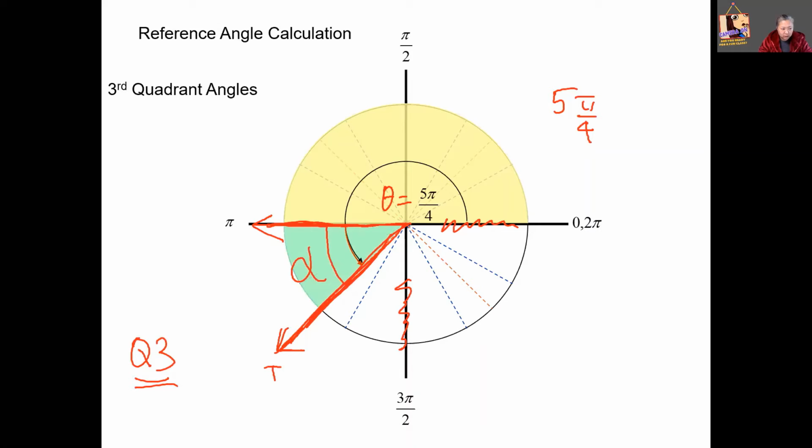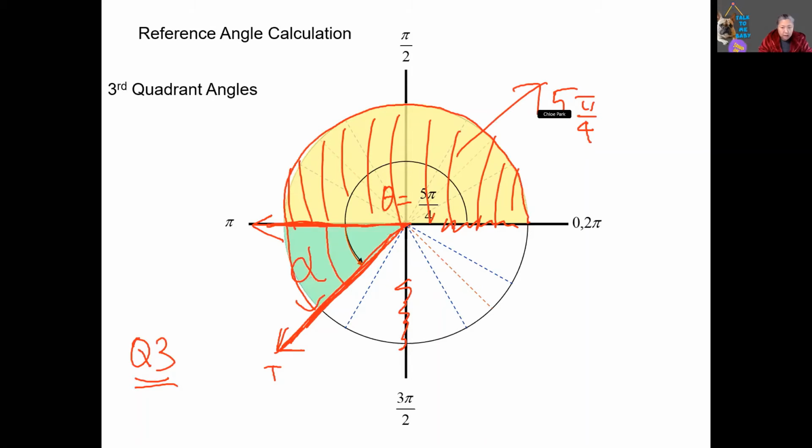How do I do it? Then I see the structure here. I measure all the way down here, but as long as I take away this upper hemisphere, then I will get this mint color highlighted part. So the calculation goes like this. I copy the original angle measure first, and then I take away what? The pi piece, the half of the circle piece.